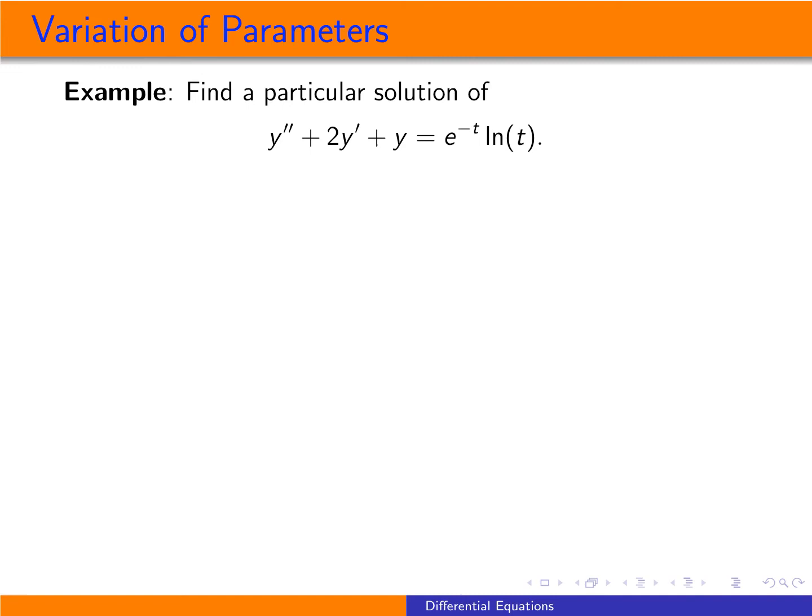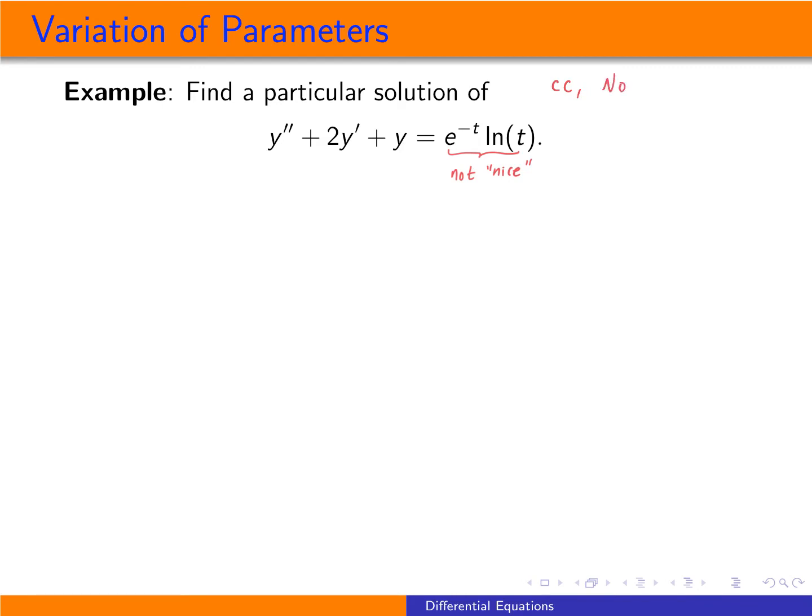In this example, we are asked to find a particular solution of this differential equation. In terms of classifying, note it's second order. It's non-homogeneous because of this e to the minus t natural log of t. Classifying it a bit further, note the homogeneous part does have constant coefficients, but our non-homogeneous part, this e to the minus t natural log of t, is not one of these so-called nice functions that we discussed previously.